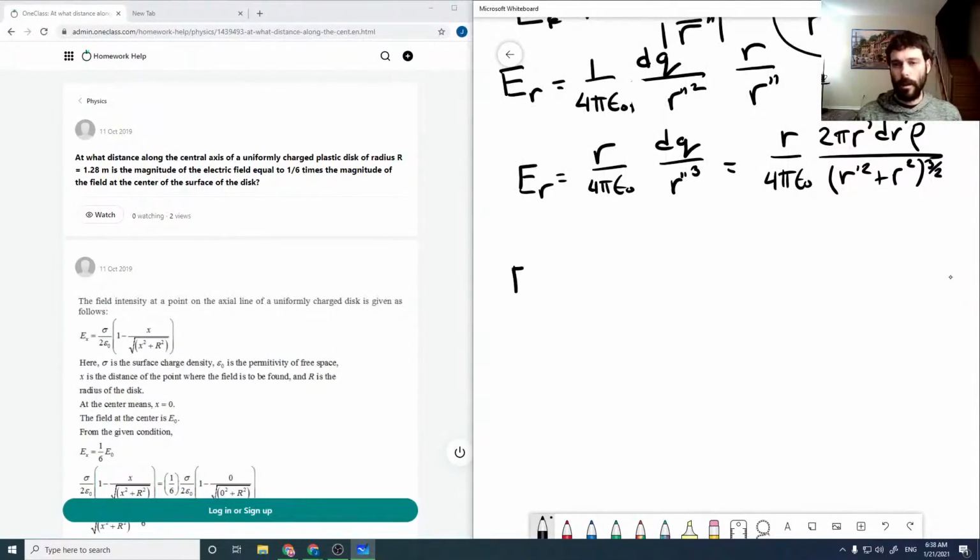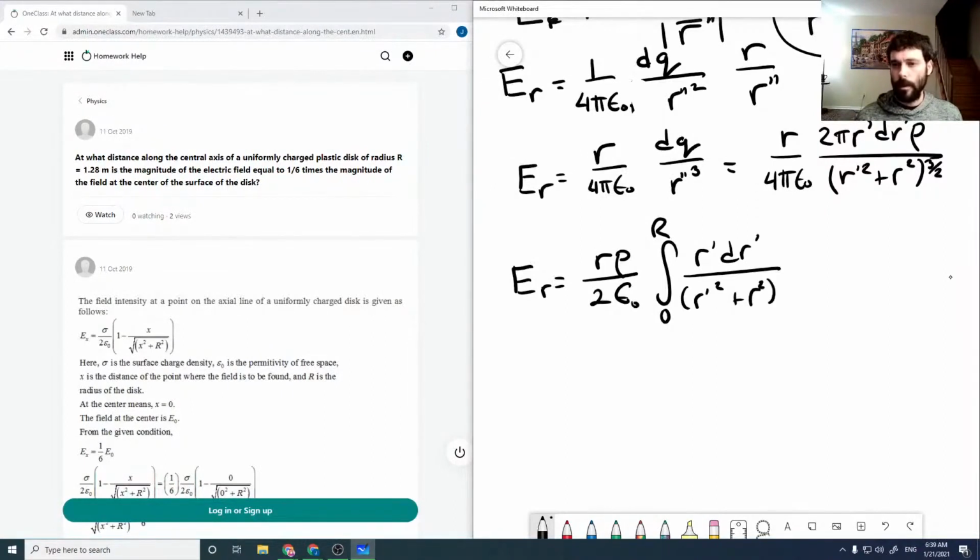So now E_R is bringing out everything that's not in terms of r prime. So we've got these. We're going to integrate from 0 to R, r prime dr prime over r prime squared plus R squared to the 3/2.